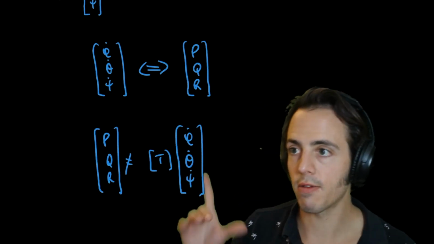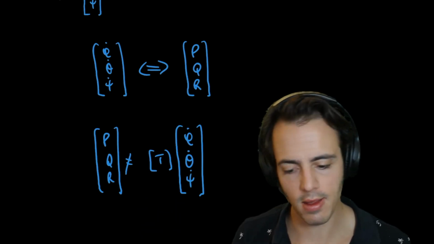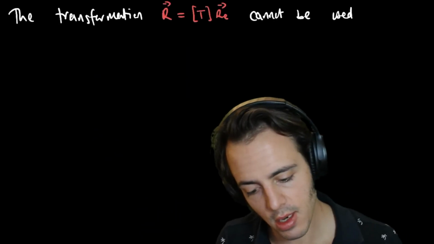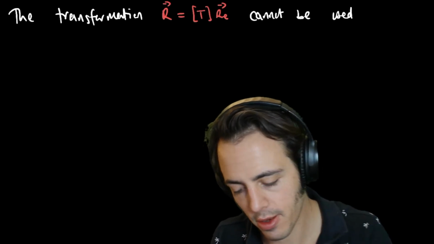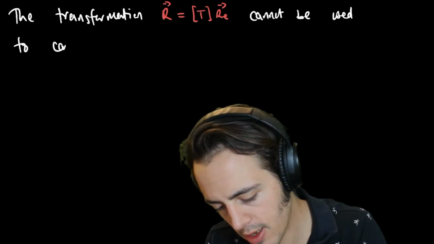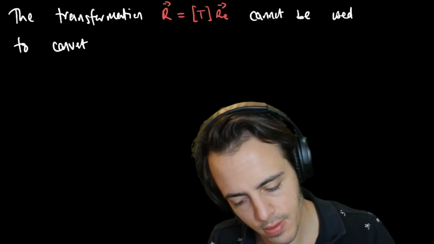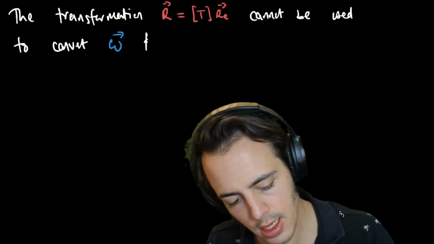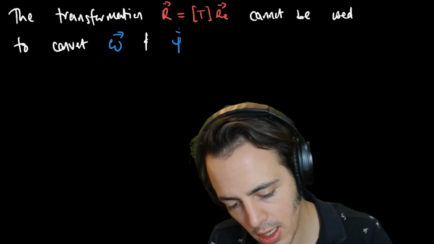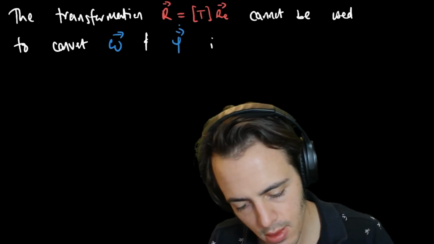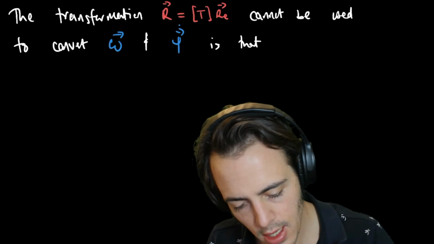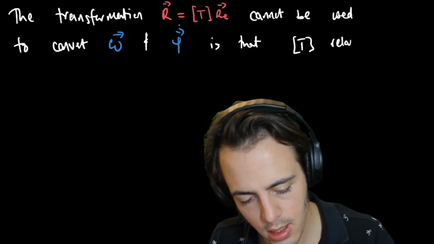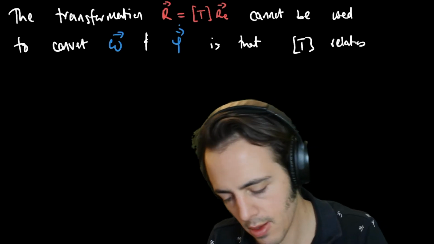The reason for this is that they're defined in those different axes sets. So let's just write this in words. The reason the Euler transformation cannot be used to convert between the body rotation vector and the rate of change of the Euler angles is that T relates quantities in different axes.